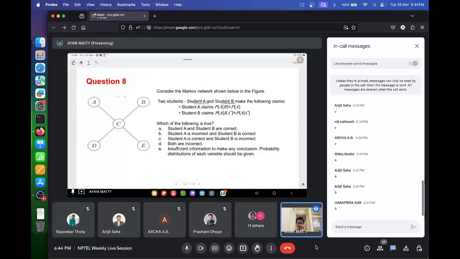And this is an undirected graphical model, so there are no directions in these edges. It's an undirected model.